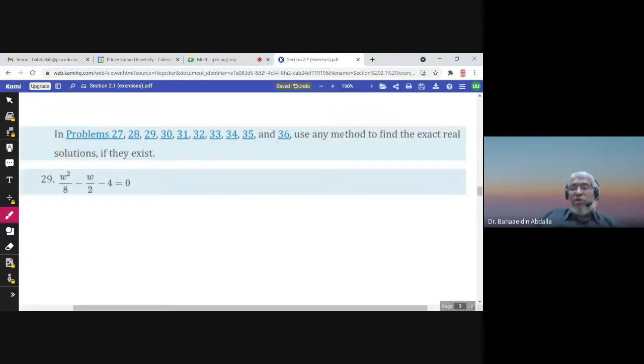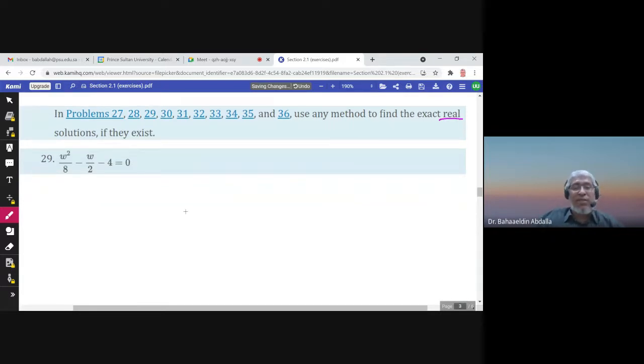All right, use any method to find the exact real solutions. Again, we are always asked about real solutions if they exist. Well, here I need to multiply by the LCD. What is the LCD? Look at the two numbers here, 8 and 2. 8 divides 2. 8 over 2 would be 4. So the LCD is just 8.